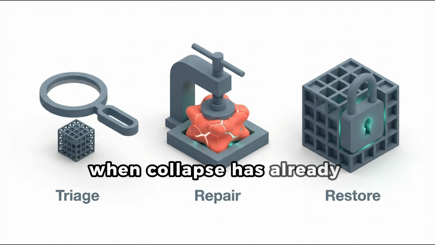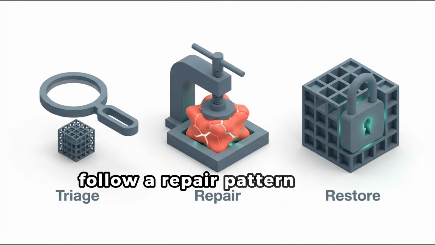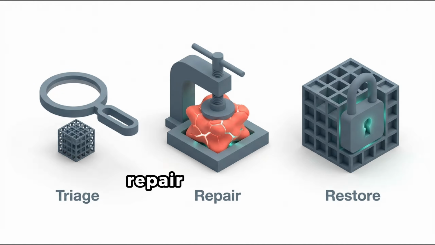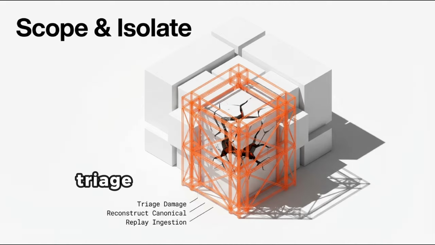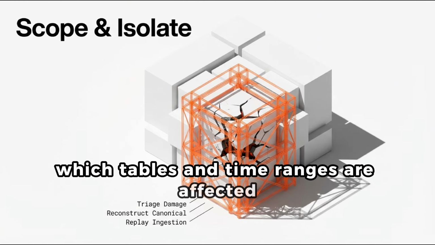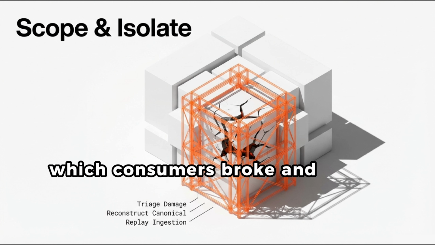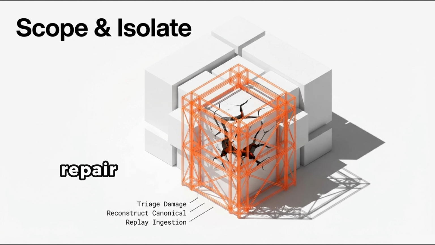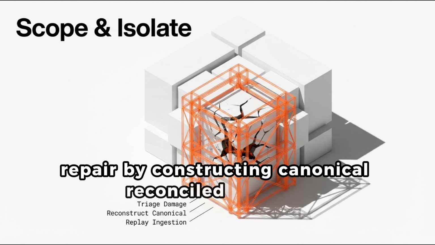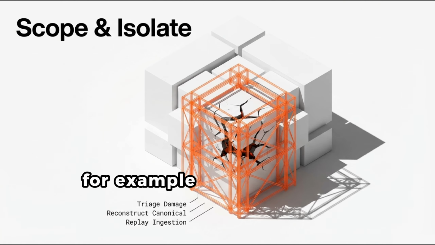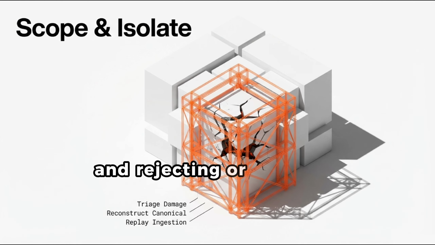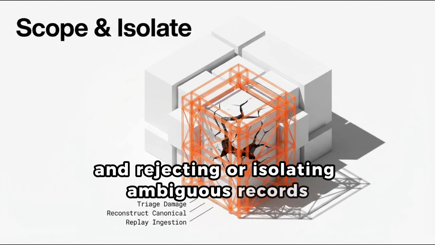When collapse has already happened, follow a repair pattern: triage, repair, restore trust. Triage by scoping the damage: which tables and time ranges are affected, which consumers broke, and which records are corrupted. Repair by constructing canonical reconciled versions, for example, rederiving keys, normalizing formats, and rejecting or isolating ambiguous records.